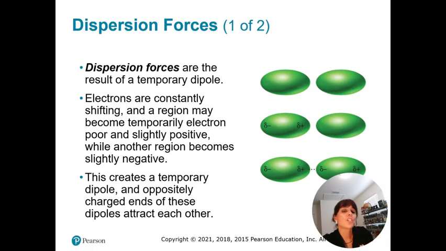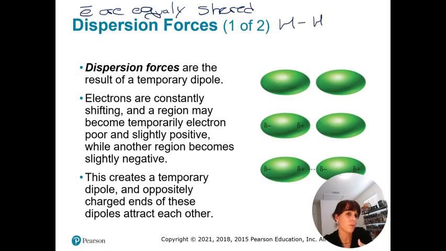So let's start with dispersion force. Dispersion, as the name says, we need to disperse the electrons, because it occurs between non-polar molecules. What are non-polar molecules? The electrons are equally shared, so that means they have the same electronegativity.